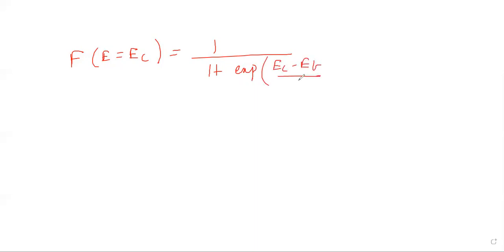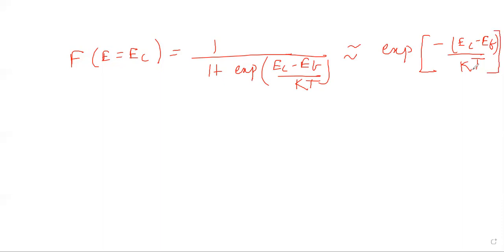So first thing we need to find out, E is equal to EC. I will write this as 1 plus e to the power (EC minus EF) divided by kT. This is the formula, which is nearly equal to exponential of minus (EC minus EF) divided by kT, considering the Boltzmann approximation.